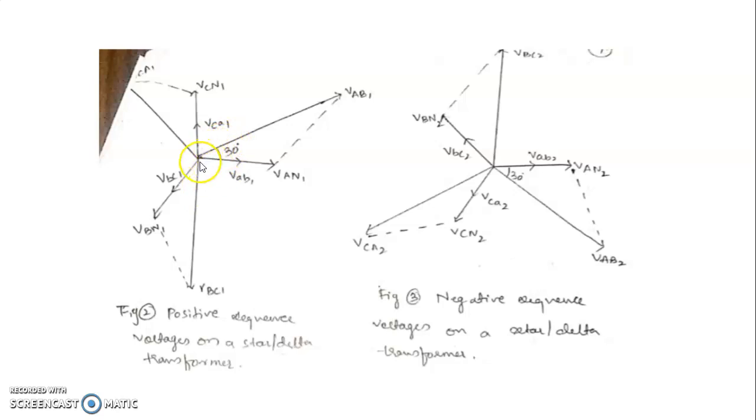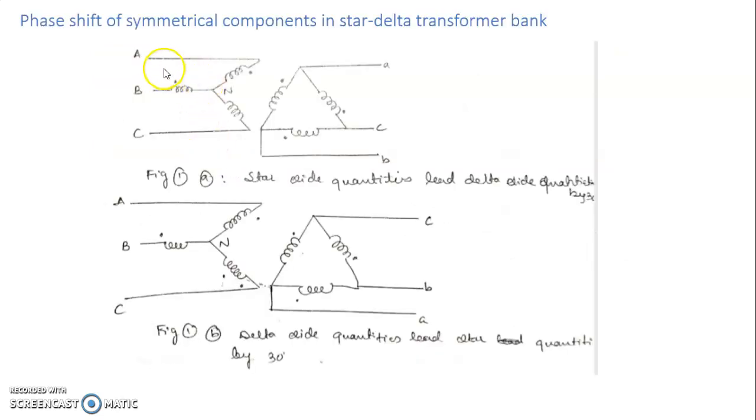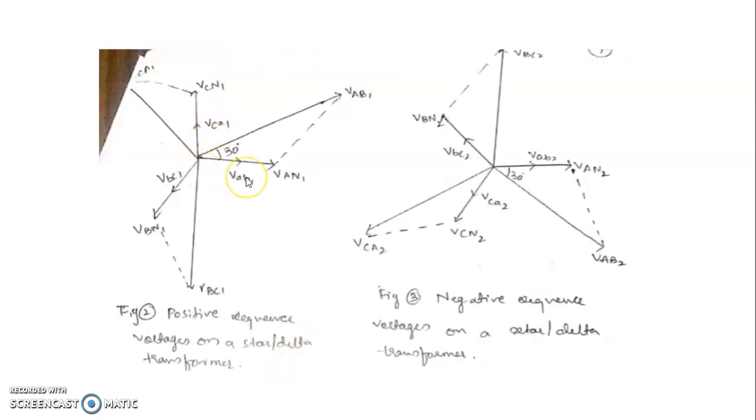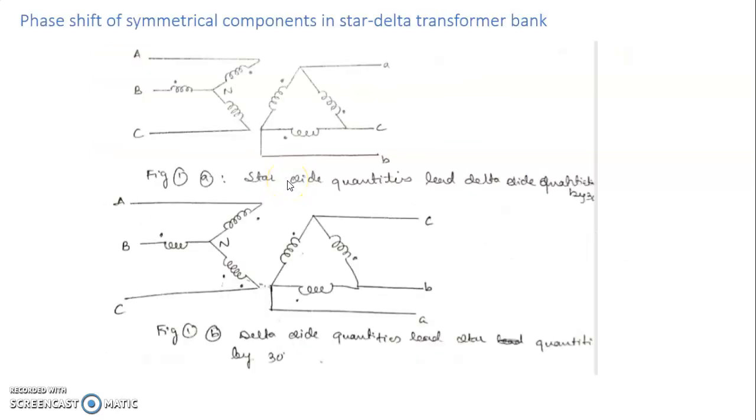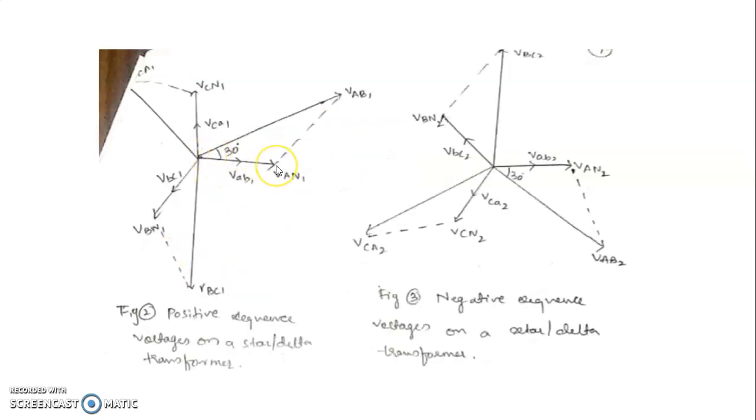We have taken as reference VAN1 on the star side, the phase voltage with respect to neutral, and along with that we have the line voltage VAB1. Both lie on one line, only the magnitude will differ.